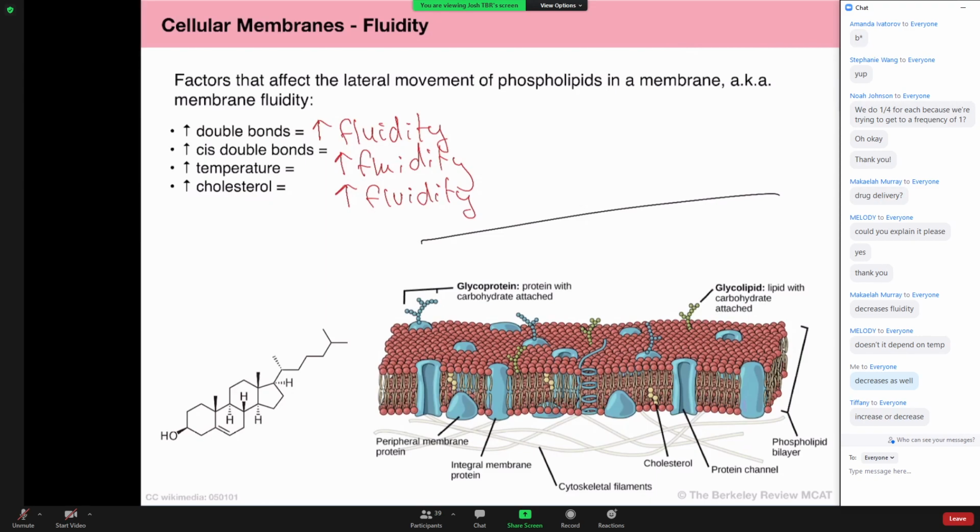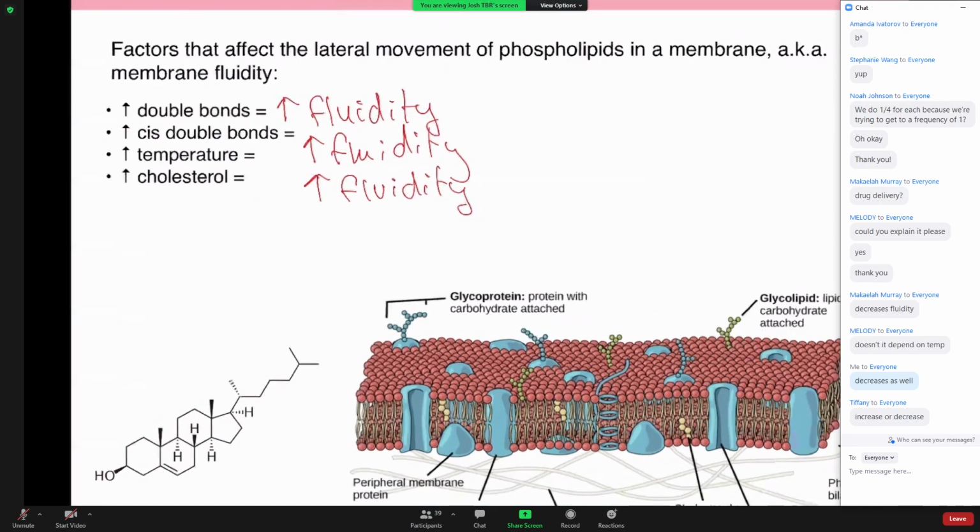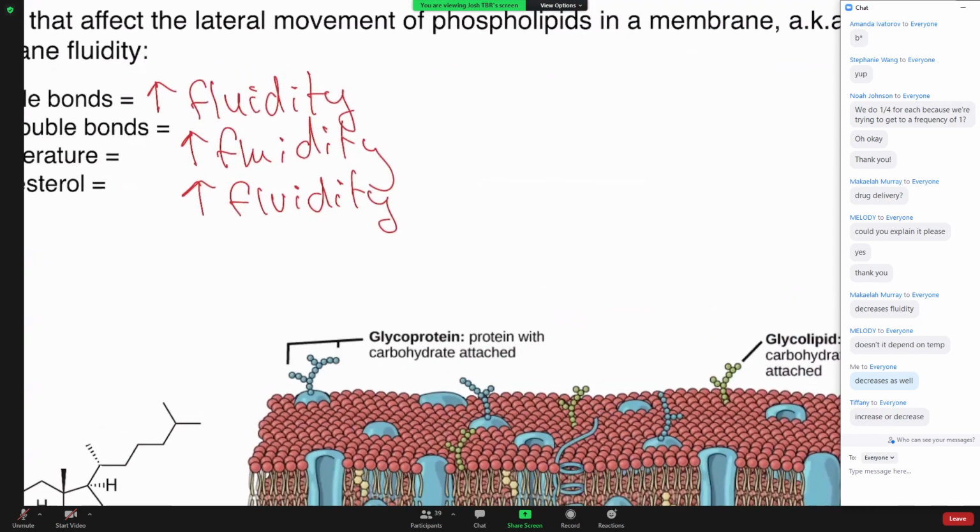So cholesterol, maybe I should write this down. Cholesterol at high temps decreases fluidity.